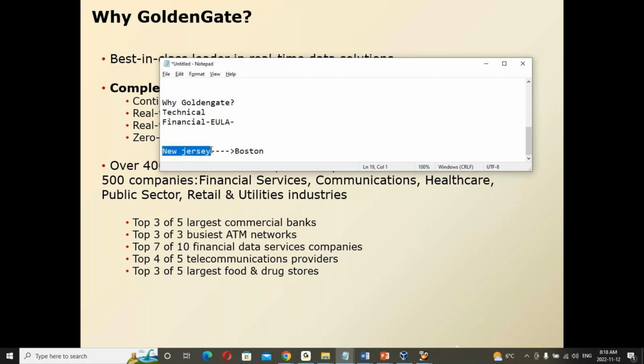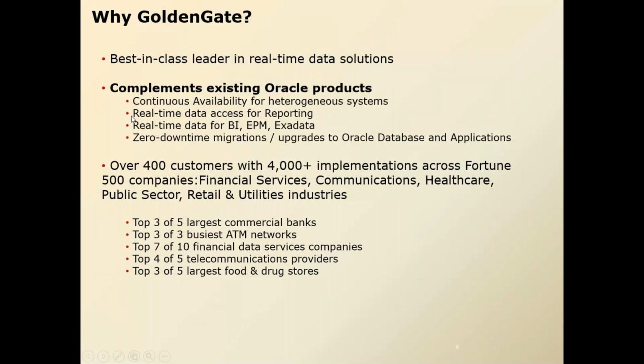The application cannot connect. So whatever data is there in New Jersey, the site in Boston contains that information. So what the application can do is quickly switch over from New Jersey to Boston, ensuring the databases are highly available. So continuous availability of databases there. Then real-time access for reporting.